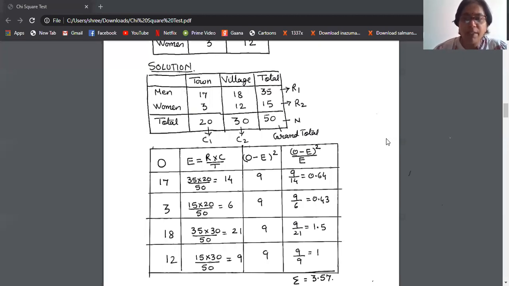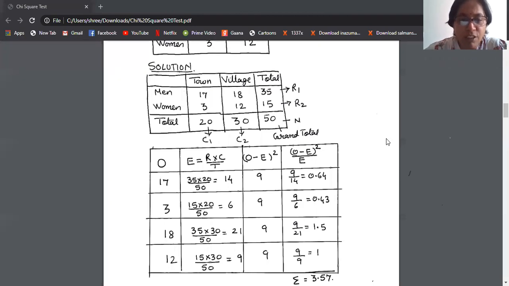Then now the expected frequencies. The expected frequency is R into C divided by T, that is the row total into the column total divided by the grand total. Okay, so for the first observed frequency 17, the corresponding row total is R1, which is 35.